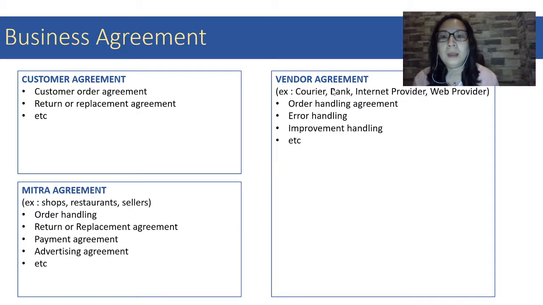Okay, so in the customer agreement, you can put, for example, how many days you will deliver the goods, and how many days the goods will arrive.